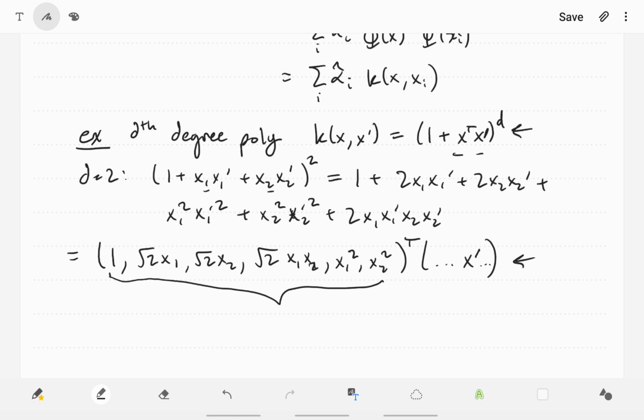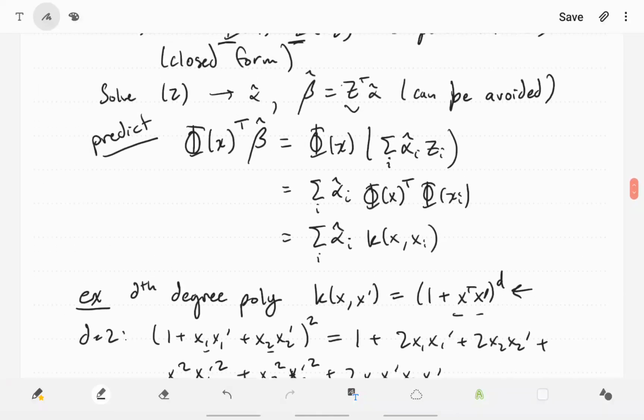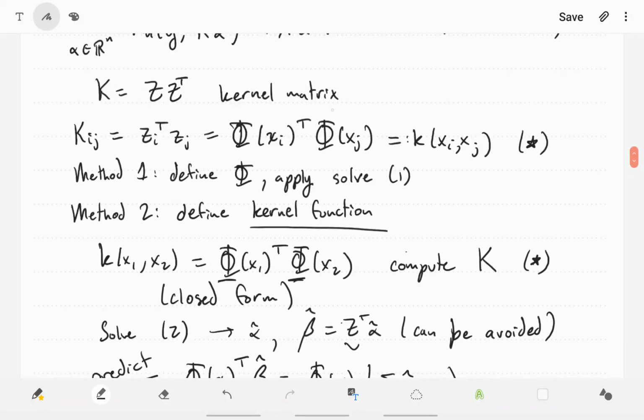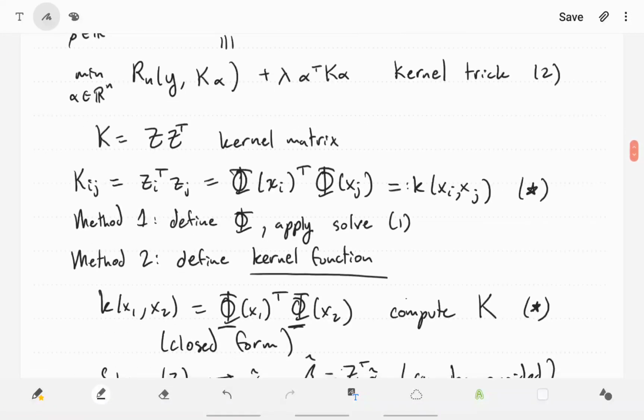So it very well may be that capital D is much larger than the number of sample points, in which case it would be computationally advantageous to work with just the kernel functions and evaluate this optimization program, the kernel trick's optimization program number 2 here.